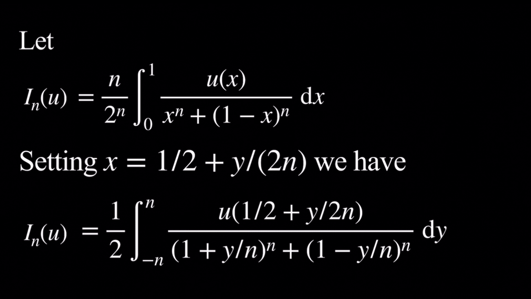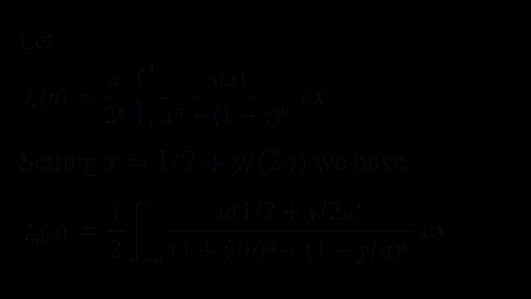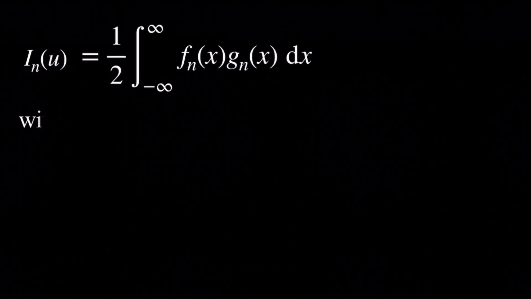So I_n(u) will then become 1/2 times the integral from negative n to n of u(1/2 + y over 2n) divided by ((1 + y/n)^n + (1 - y/n)^n) dy. Okay, so we want to write this as an integral over the real line.